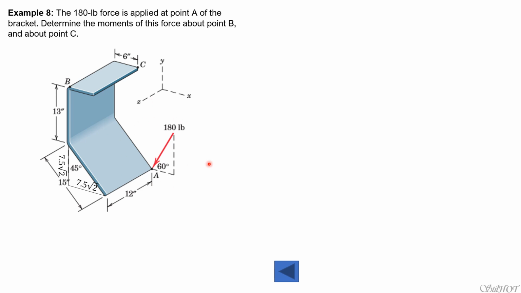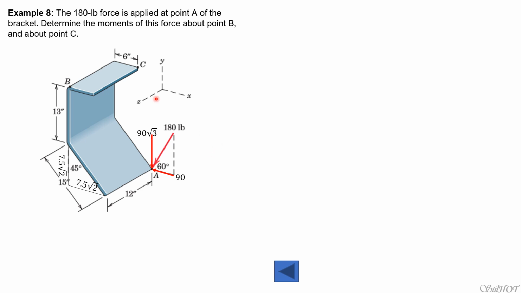Then the force is resolved into its components. So 180 times cosine 60 is 90 leftward, and 180 sine of 60 is 90 square root of 3 pounds downward, so that we can analyze the moment arms of these components of force.